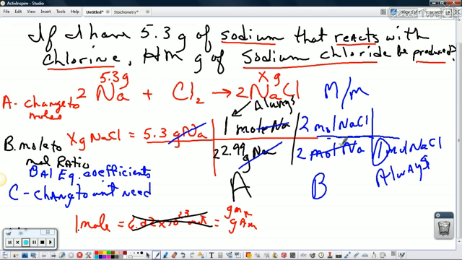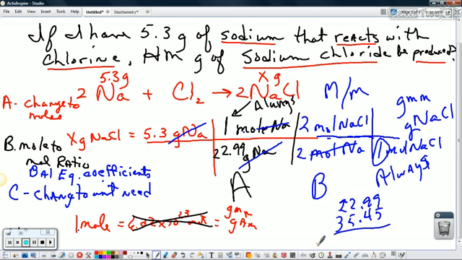So I'm going to need to put the GMM up here of NaCl. And that's grams. So I come down here and I say Na, 22.99 plus Cl is 35.45. Add that up, and I get 58.44 grams.